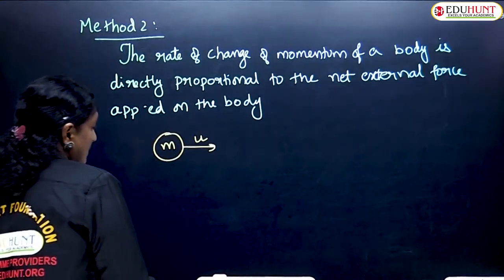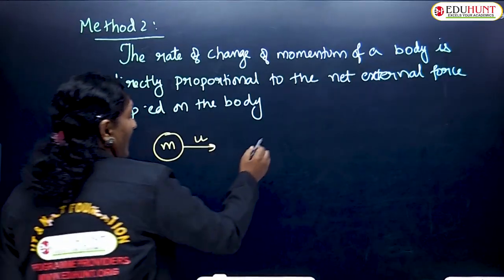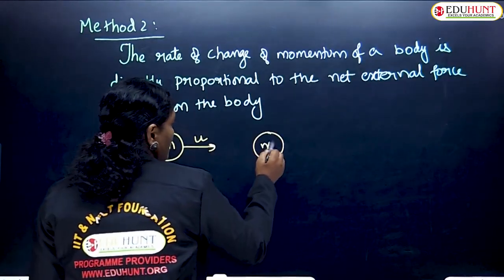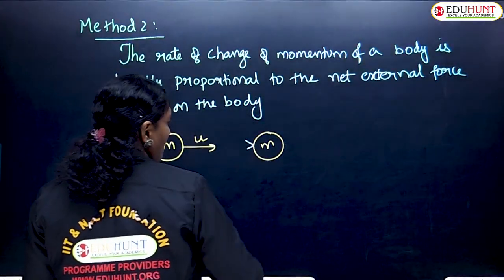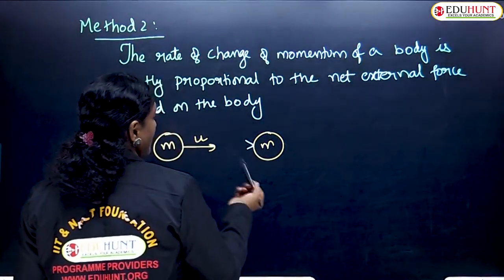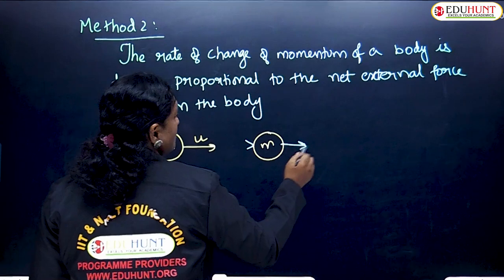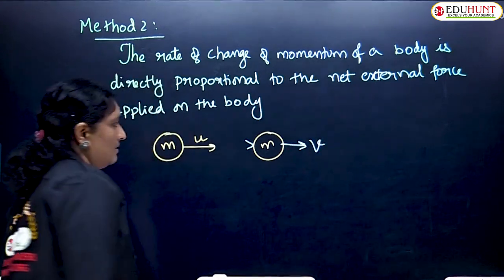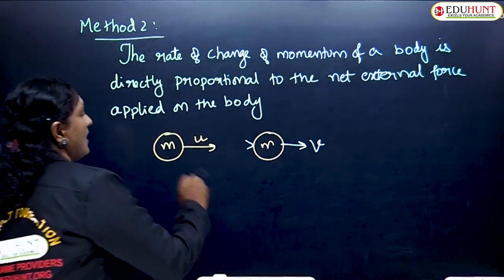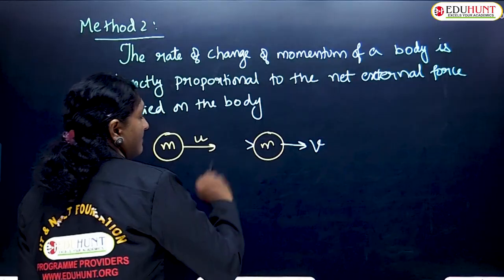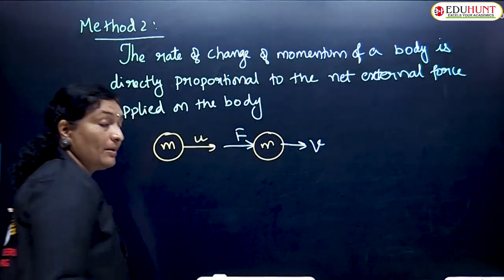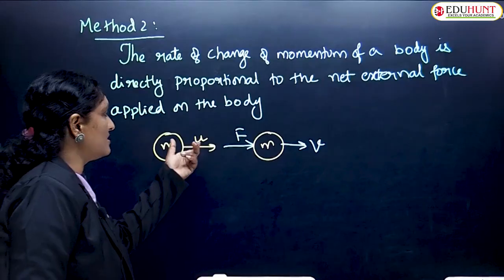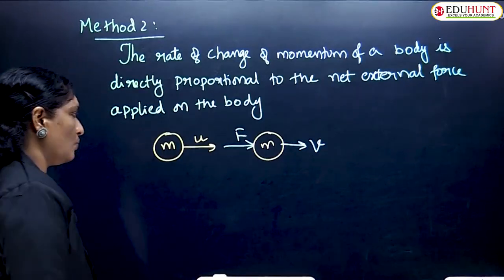Whenever some force F is applied on this body, its velocity changes to some v. Because of the application of force, the initial velocity was u and the final velocity was v.